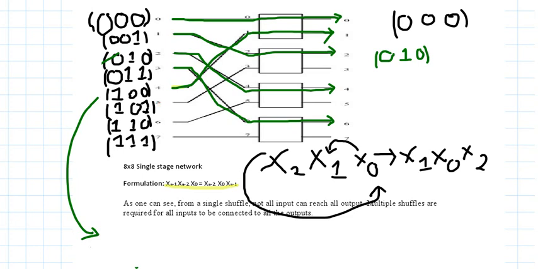If you do a left shifting here, then the rightmost bit, which has 1 here, will be at the second bit position, and this 0, which is at the second bit, will be shifted towards the leftmost position, and the leftmost one will be brought into the rightmost position.